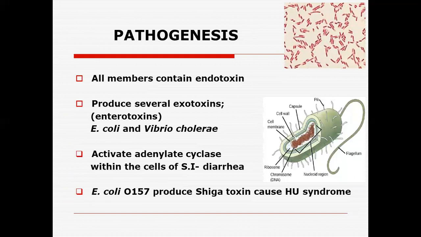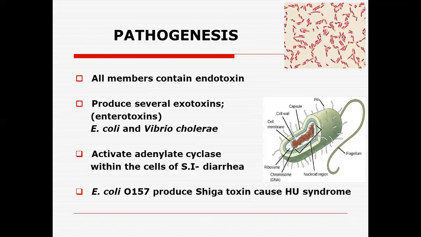So all members, because they're gram-negative rods, have the lipopolysaccharide layer, and this lipopolysaccharide is of course the endotoxin. All members of the family Enterobacteriaceae contain endotoxins.